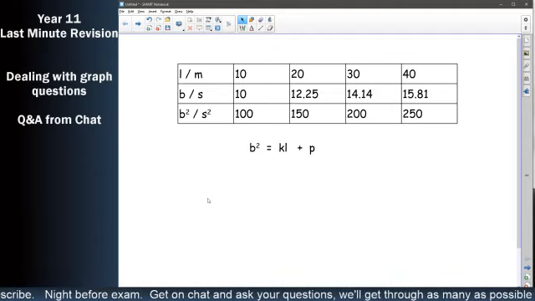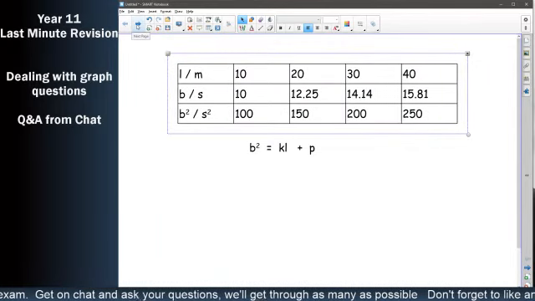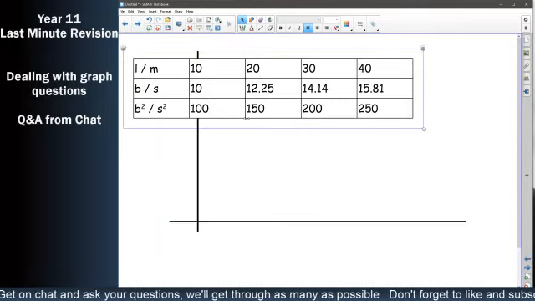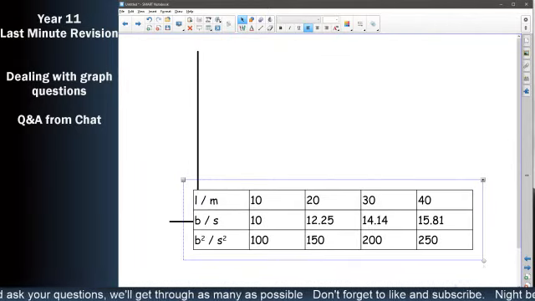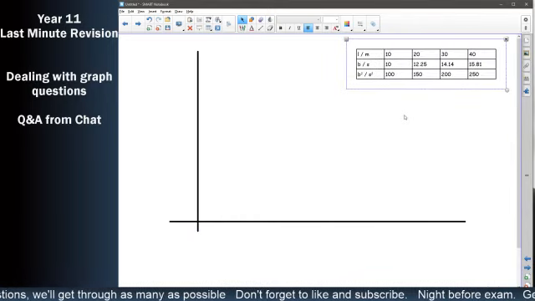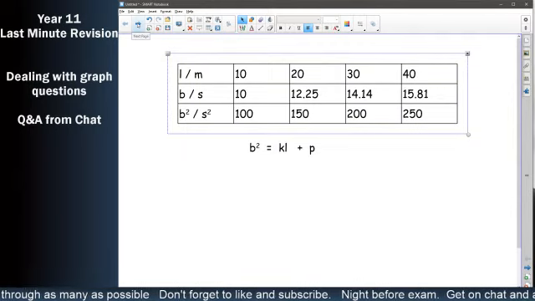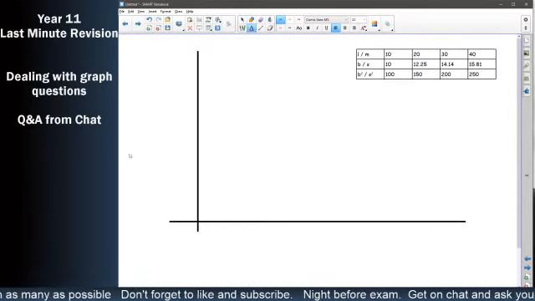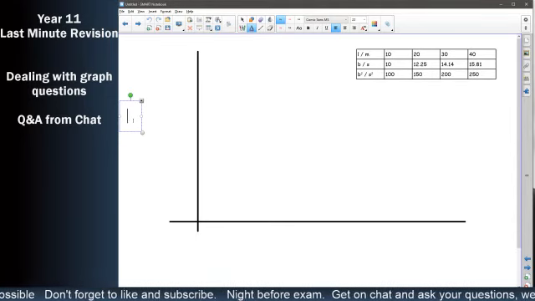So then what we've got to do is go and plot this graph. I'm going to grab that table and take it to a little axis here. Now, normally in an exam situation you get a little bit of help. They're not complete monsters. So we've been given our equation B squared equals KL plus P. They'll almost certainly tell you what the value for the y-axis is or what the value for the x-axis is.